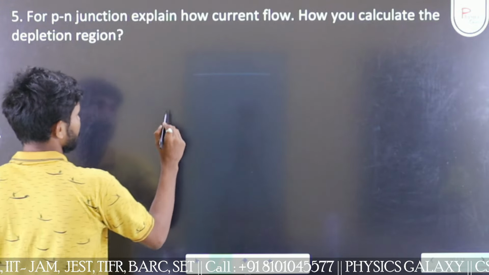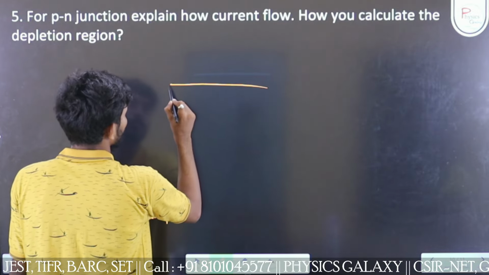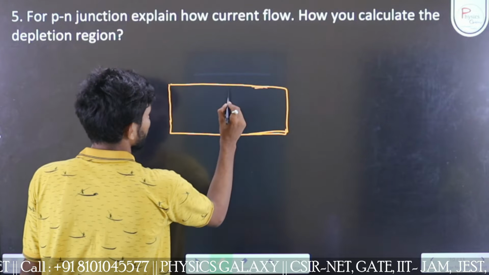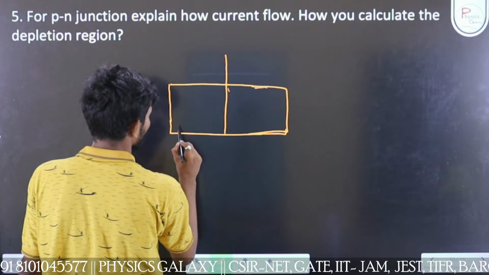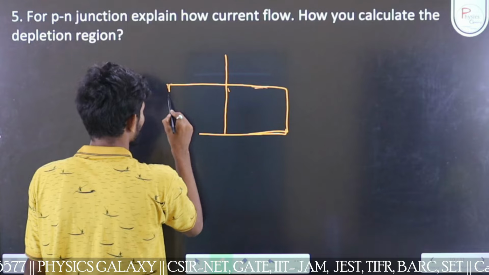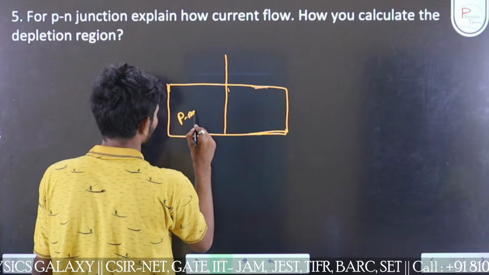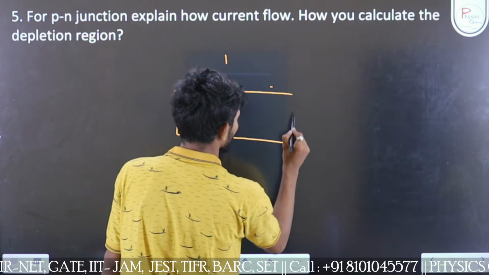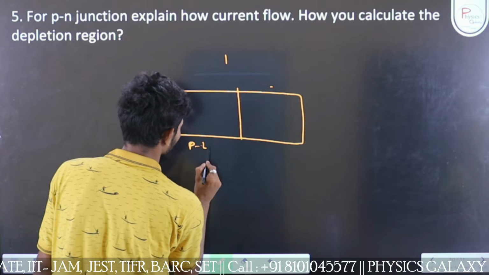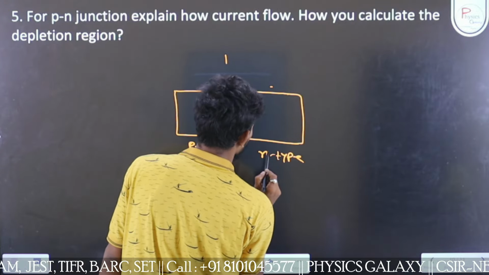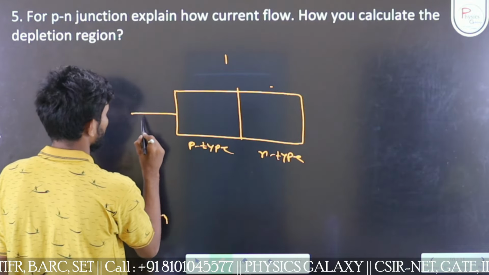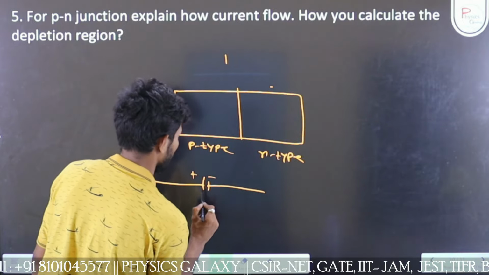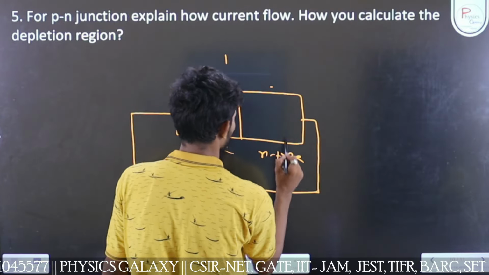I said that if the PN junction is in forward bias, the P region is connected to the positive terminal of the battery and the N type to the negative terminal.